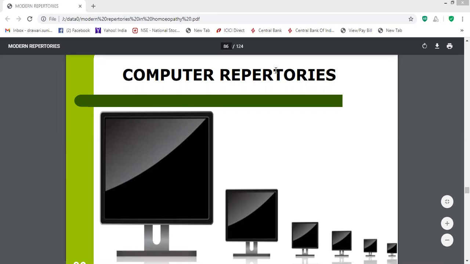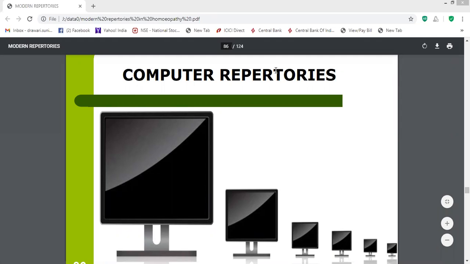Then today there is a large number of remedies in our materia medica, and many materia medicas of different homeopaths. There are many repertories also written by different homeopaths.